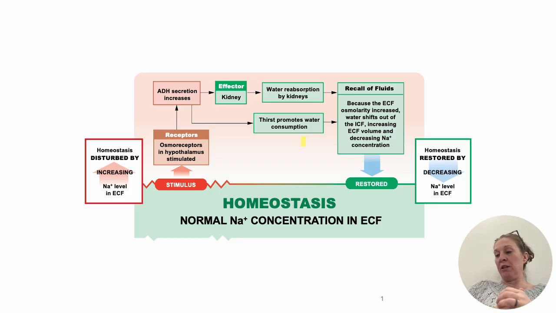So normal sodium concentrations are about 140 milliequivalents, where 1,000th of an equivalent is 1 milliequivalent. So 140 milliequivalents is the amount of sodium that is present in extracellular fluid. In intracellular fluid, on the other hand, it's only 10 milliequivalents. So far more sodium in extracellular fluid than in intracellular fluid.